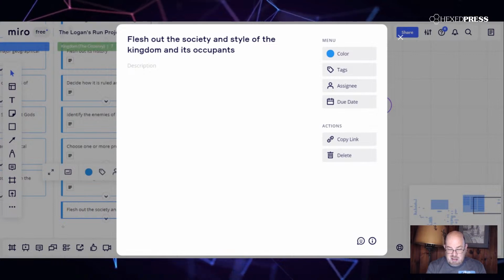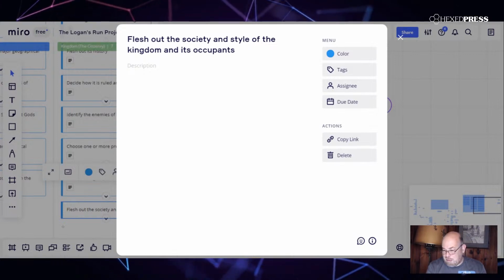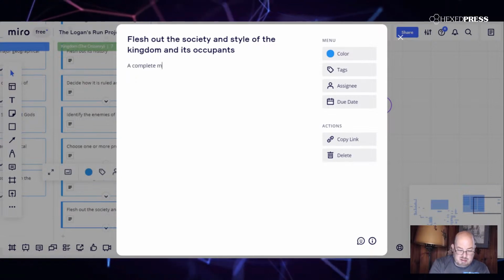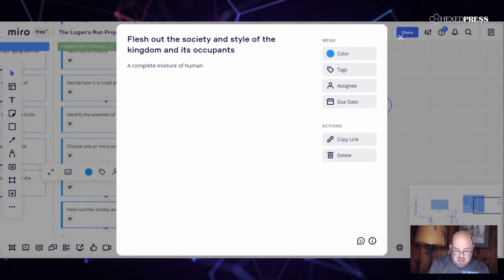I guess maybe the style. Well, we know they wear... Okay, so it's a complete mixture of human ethnic features. They like tunics.